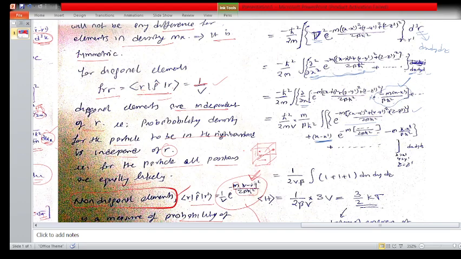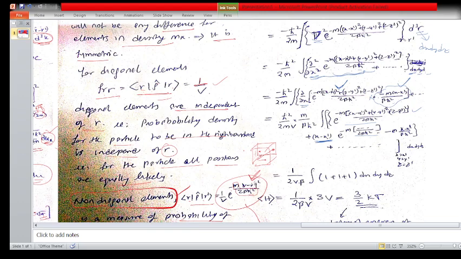This is coming from the second term. If you take the differentiation of this one, you will get x minus x dash, because for the second differentiation, you take n times x raised to n minus 1, so 2 times x minus x dash will come.